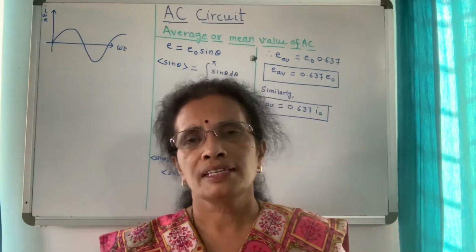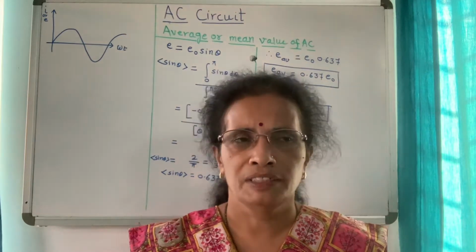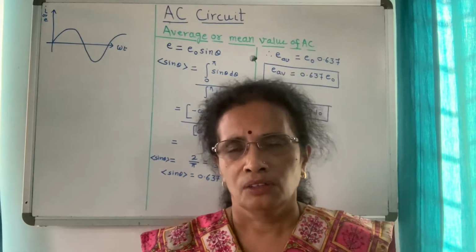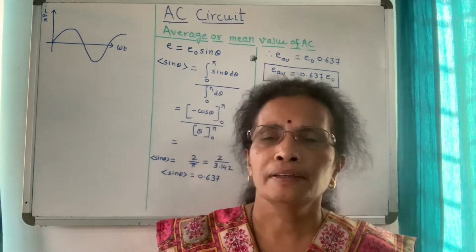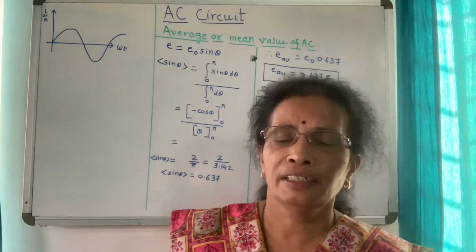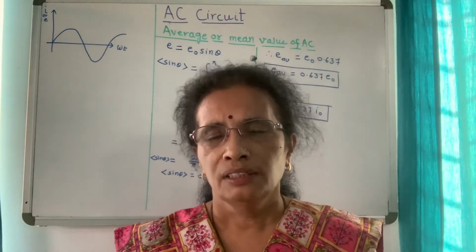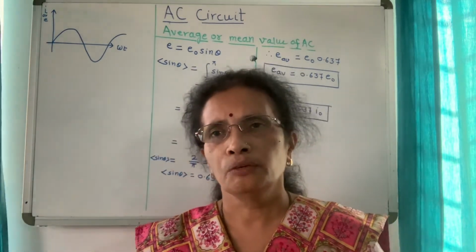But there are still some electrical appliances like television, inverter, computer, or transistor, etc. They run on direct current. Direct current is used over here. So how do we convert this alternating current which is coming to our home into direct current?